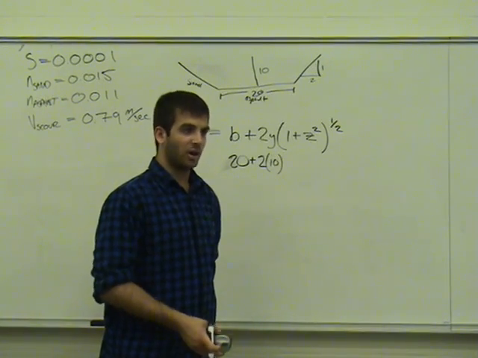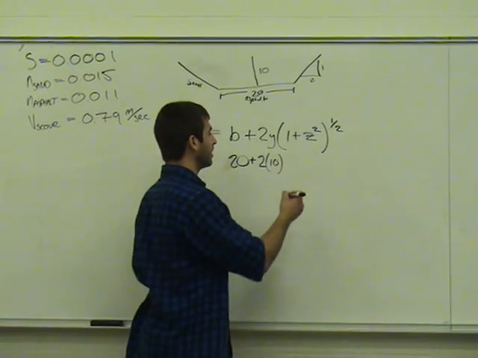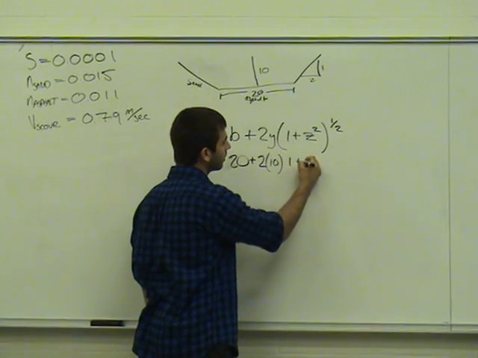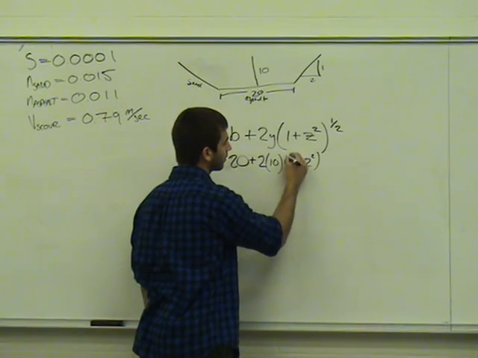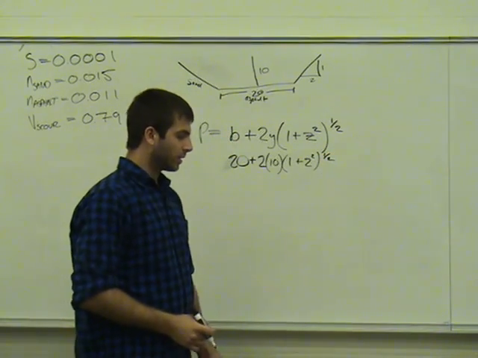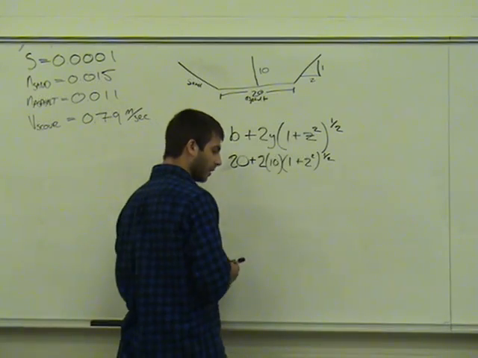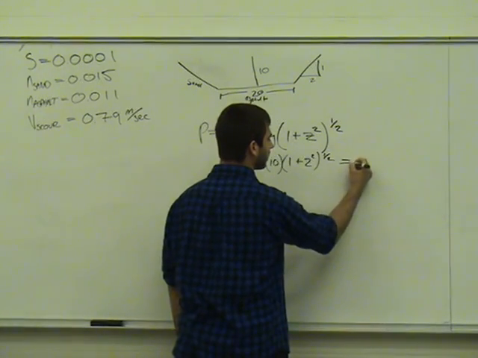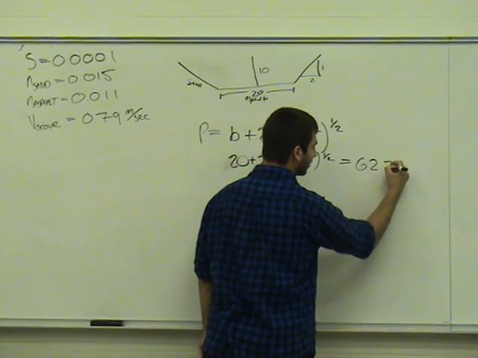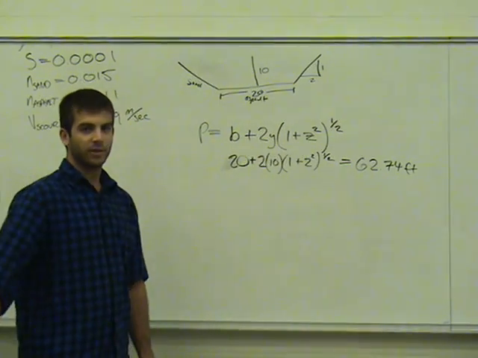If you look at your table, you're going to find z for a sandy channel is 1 to 2, so our z value is 2. You're going to calculate this and get a value of 62.74 feet.